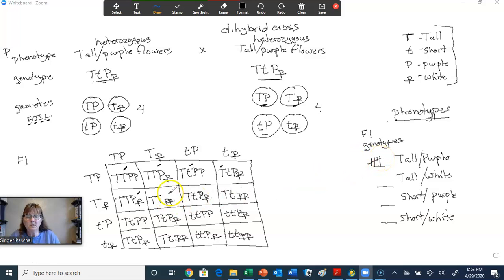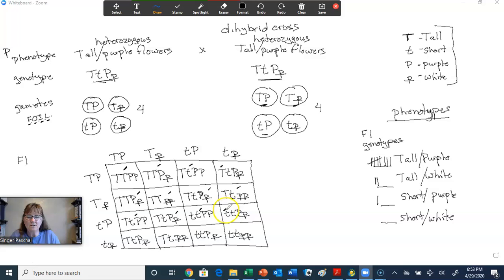Then we've got this one. This one is not tall purple. This one is tall, but this is tall white. This one is another tall purple. This one is tall white. This one is tall purple. This one is tall purple. This one is, excuse me, short purple.